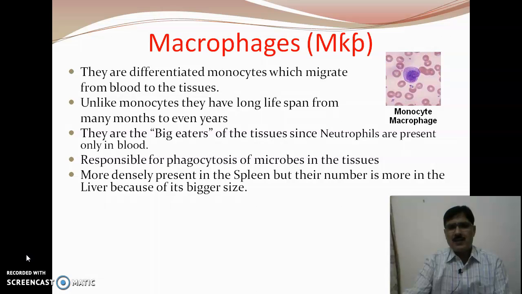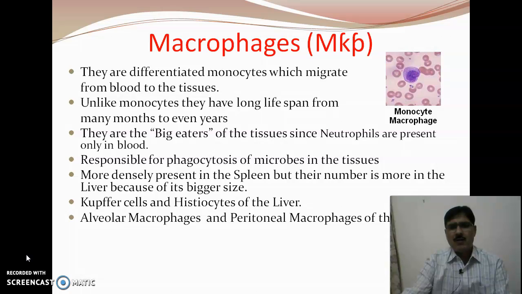They are more densely present in the spleen, but their number is more in the liver because the liver has a bigger size than the spleen. The Kupffer cells and the histiocytes of the liver are common examples of macrophages. Alveolar macrophages and peritoneal macrophages are common examples of tissue macrophages present in the lungs.